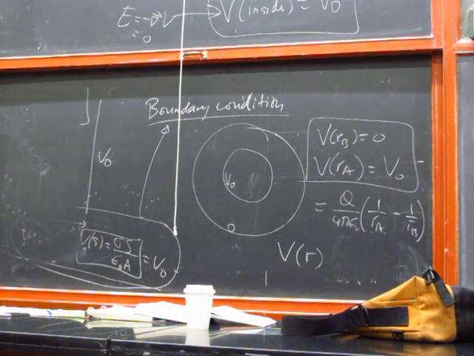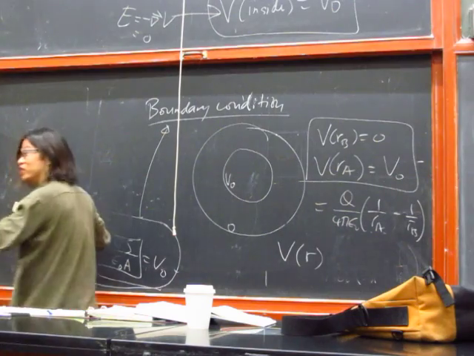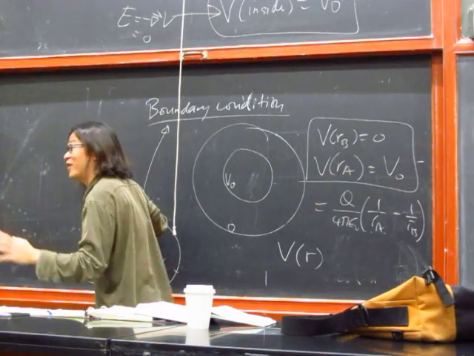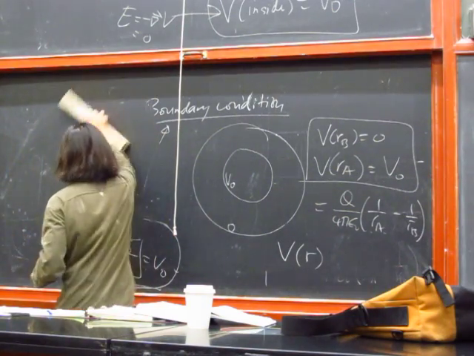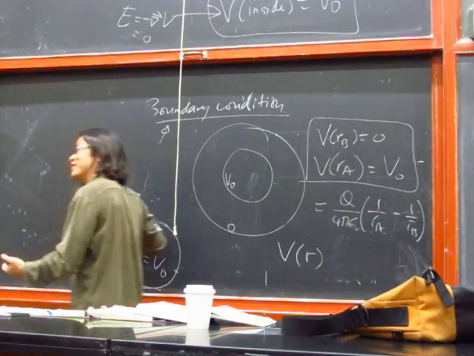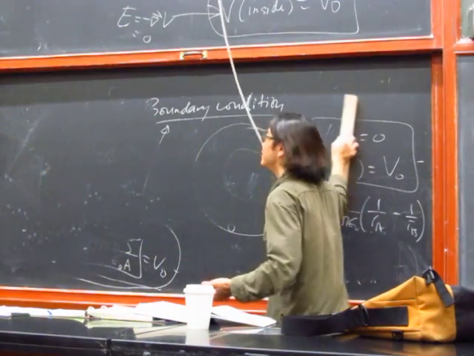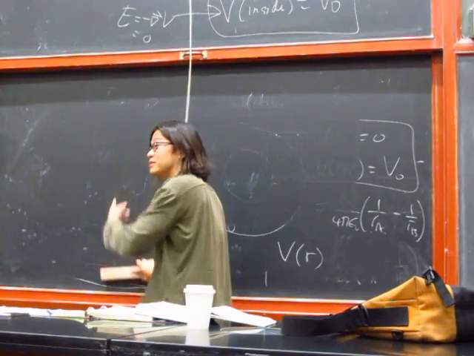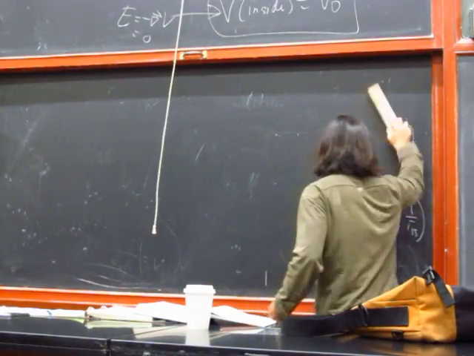Would that imply that every solution to del squared phi equals 0 is always constant? No, not necessarily. This is a special case. In general, it's the most difficult to find. A whole branch of mathematical physics is solving that with the right kind of boundary condition. We have a very simple boundary condition here.